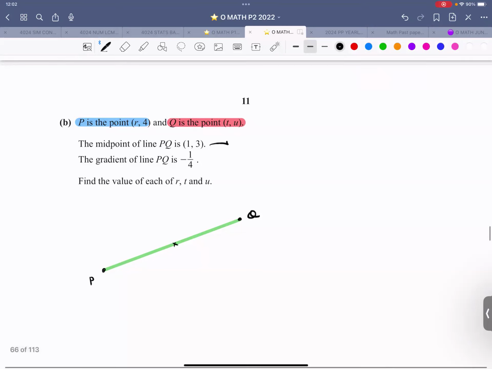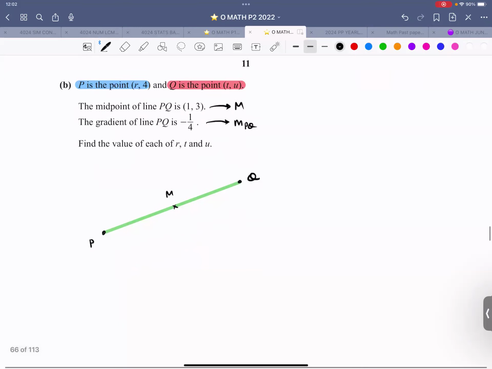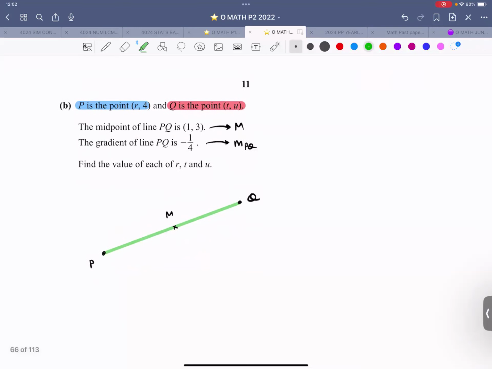Let me label this as M. So M is given. The gradient of PQ is negative 1/4. Find the value of R, T, and U. A very nice question related to coordinate geometry. So that was vectors, and this one is coordinate geometry.